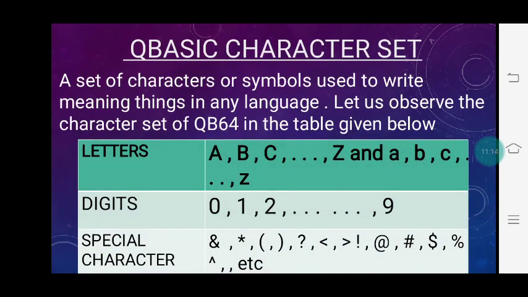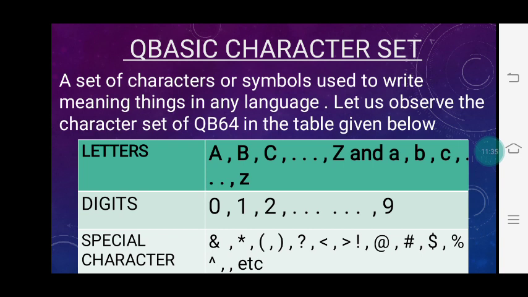Now, the character set in QBasic. A character set is a set of characters or symbols used to write meaningful things in any language. We can use letters, digits and special characters.